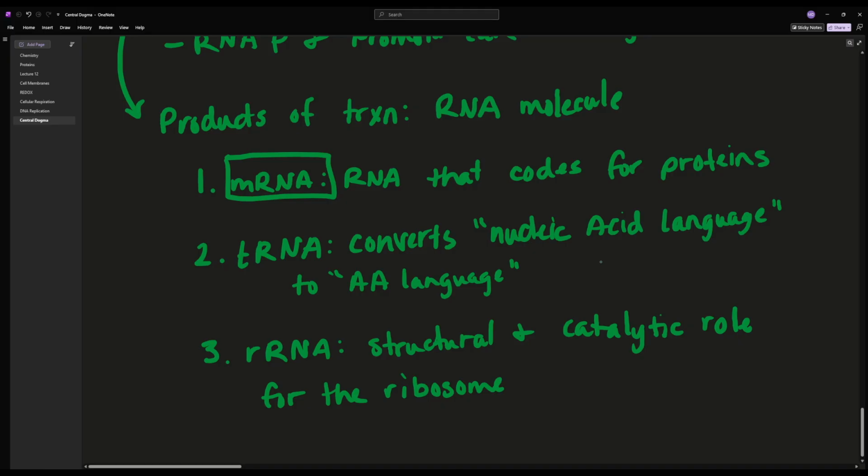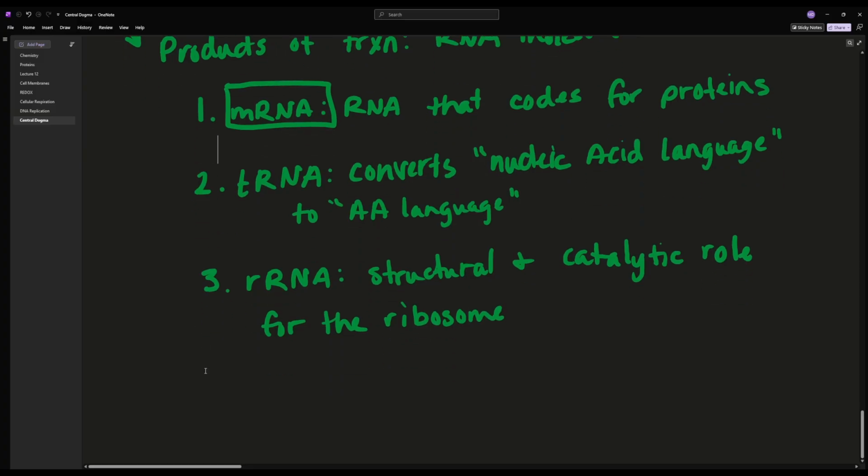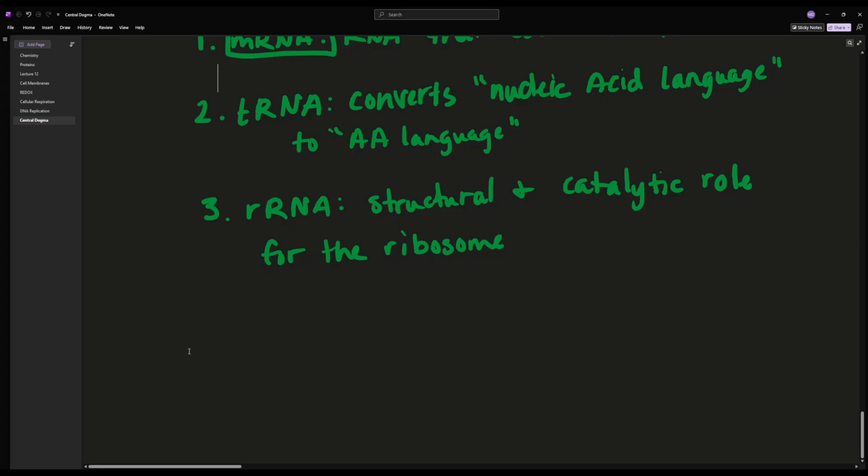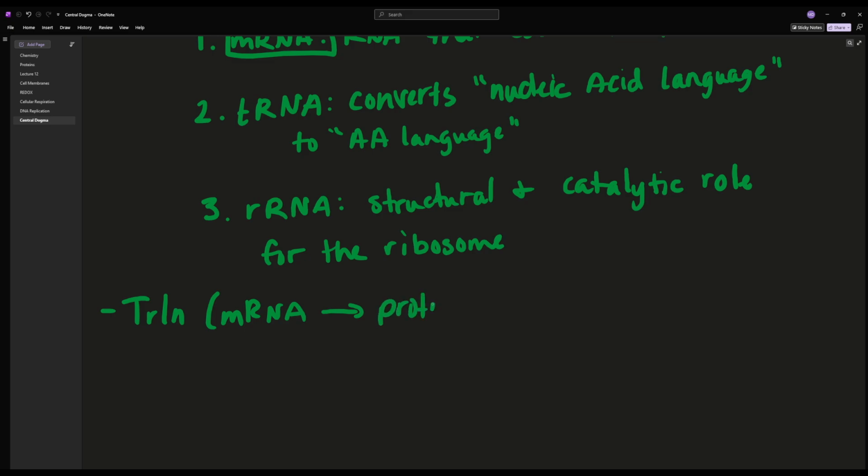And the answer is no. Okay, so speaking of translation, we're now going to talk about that. Remember, translation is all about going from mRNA, the nucleic acid language, to proteins, aka the amino acid language. Okay, so we're really going to be focusing in on the mRNA to protein path.